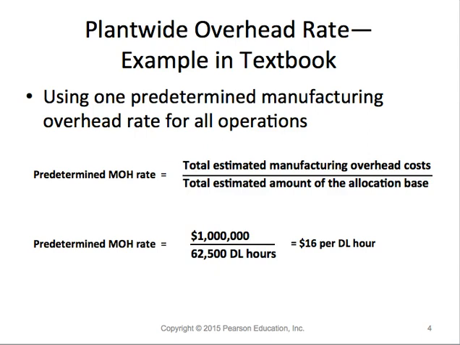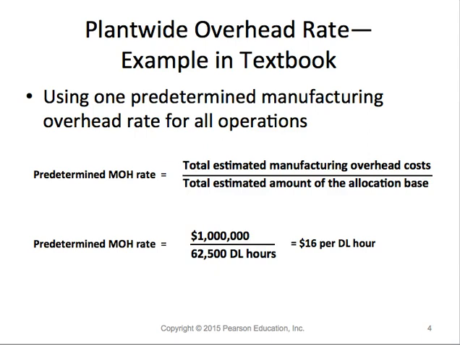As an example, the plant-wide overhead rate uses total estimated manufacturing overhead cost divided by the total estimated amount of the allocation base. So we use the total cost divided by total units, and the units will be hours here. Assume we have $1 million estimated as manufacturing overhead (MOH) costs and 62,500 direct labor hours.